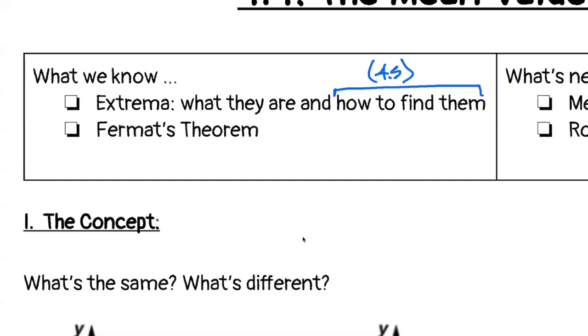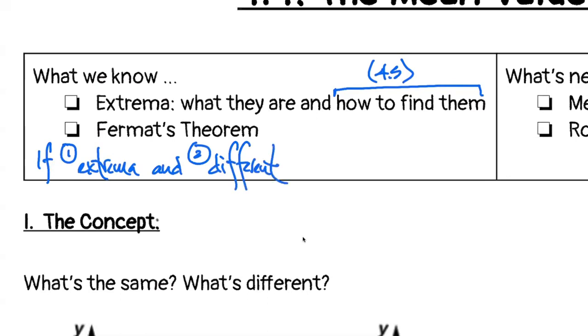All right. We also talked a little bit about Fermat's theorem in the previous lesson. And the basic gist of it was, if you have an extrema and you also have a smooth curve, no surprise, shocking transitions, right?